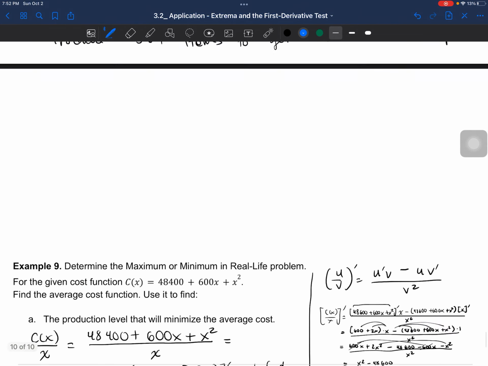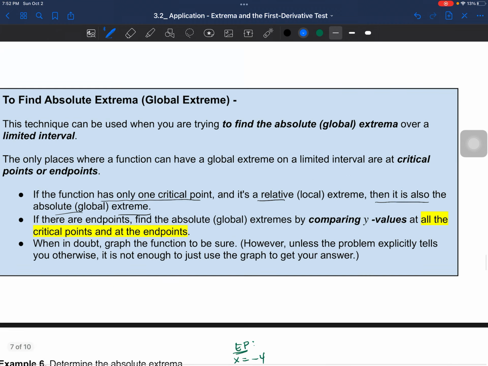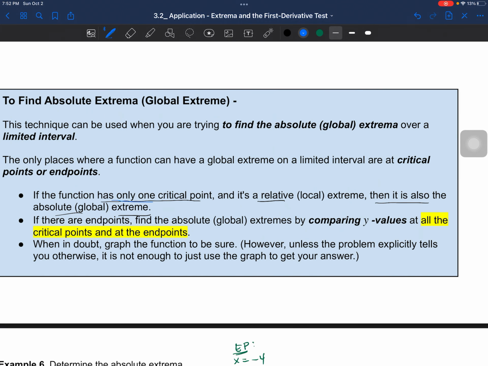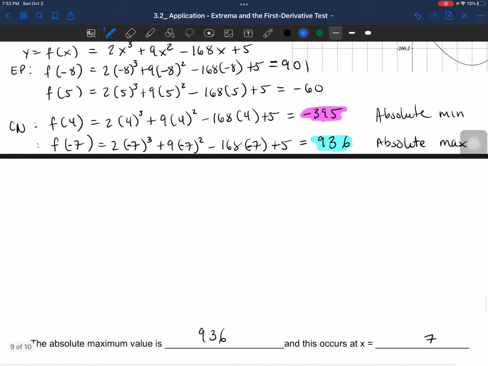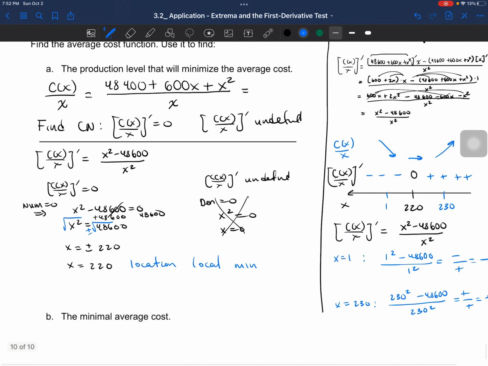And what we said in the beginning, in this box, is that if you have only one critical number and a relative local extrema, then that local extrema happens to be the global extrema.